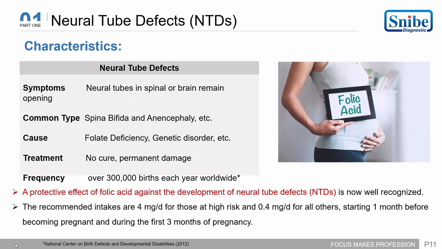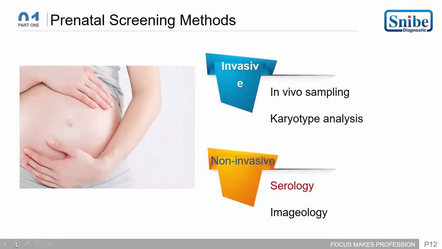If we talk about prenatal screening methods, we can classify them into two types: one is invasive, and the second is non-invasive. The invasive type involves sampling, meaning the baby's amniotic fluid or other samples. That's an invasive procedure for the fetus and the mother as well.